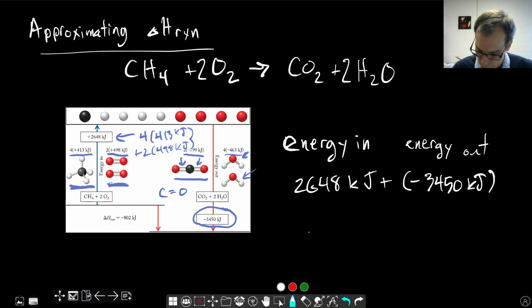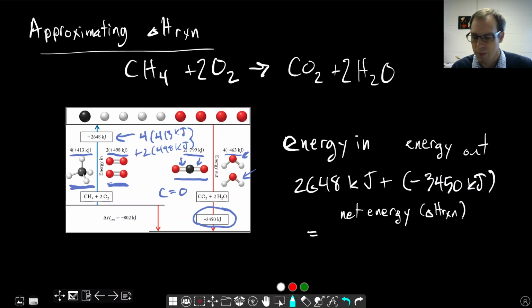When we add those together, we get our net energy, which is basically our enthalpy of reaction, approximately. This is not exact. If you want the exact value, you would need to do a calorimetry experiment. But when we add those together, we get a net of negative 802 kilojoules, and that's an approximate value for the enthalpy of reaction for this reaction.